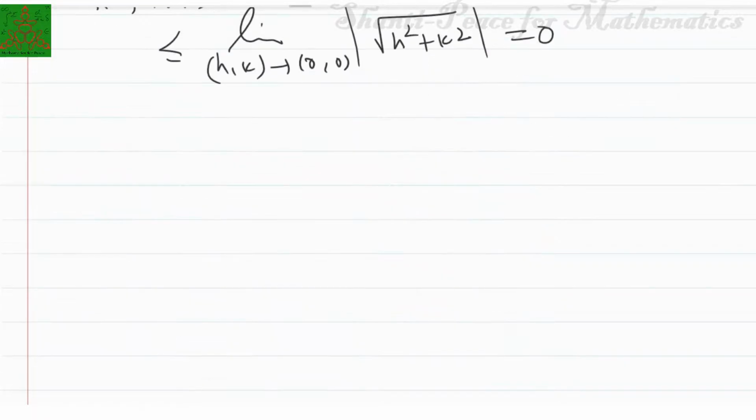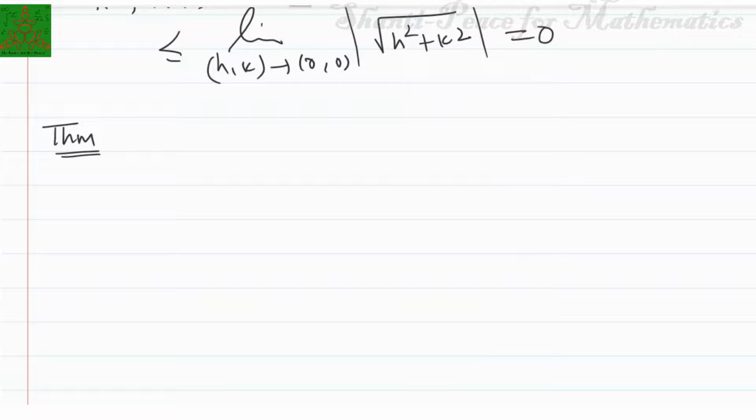I have solved two examples here, one by definition, another by the necessary and sufficient condition. It is up to you which method you like to apply in a given example. Now I will do a couple of theorems here. The first theorem is about the existence of the partial derivative.